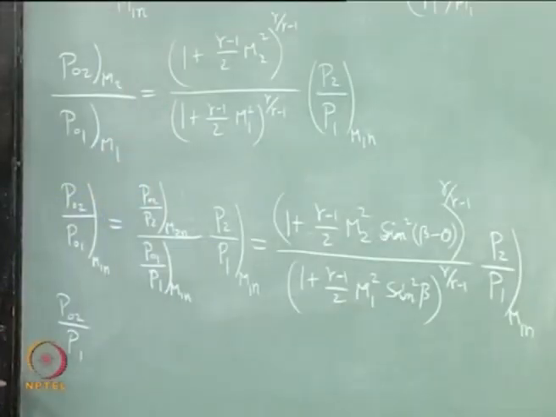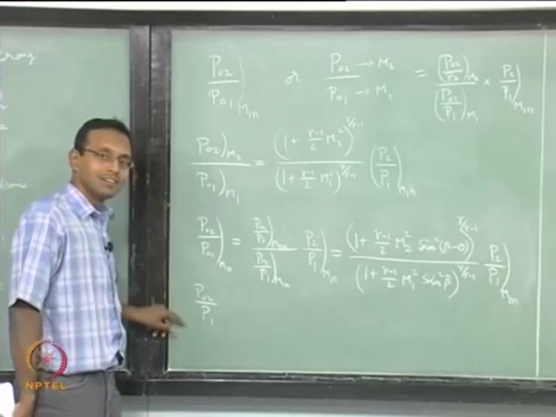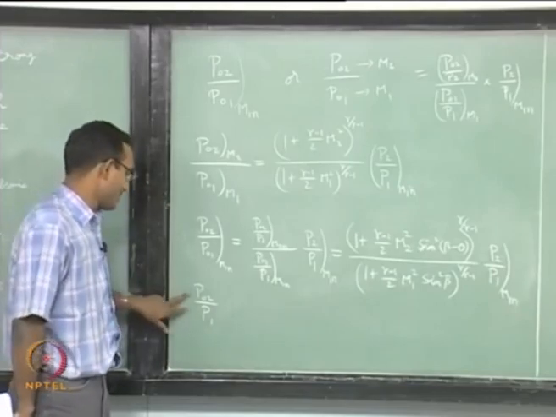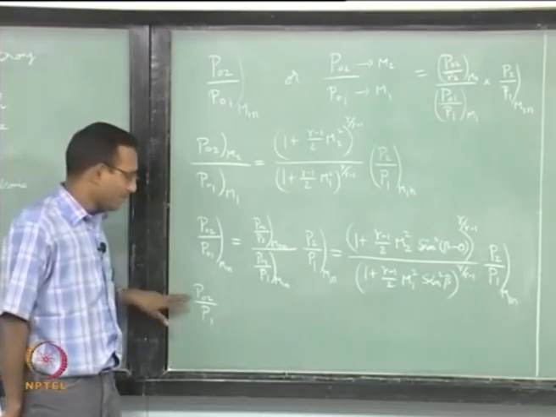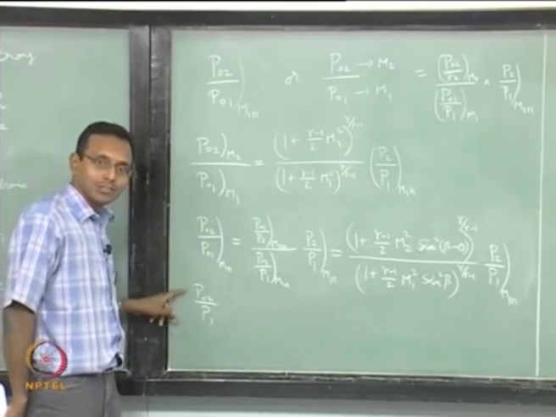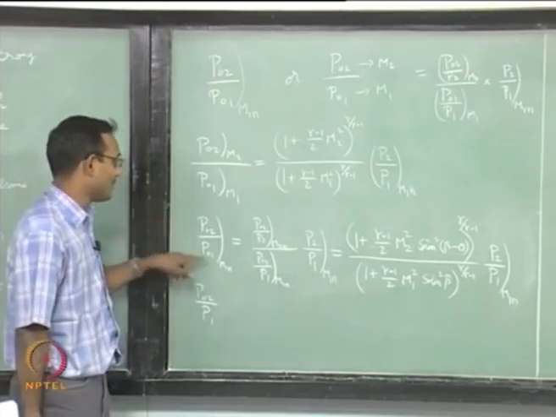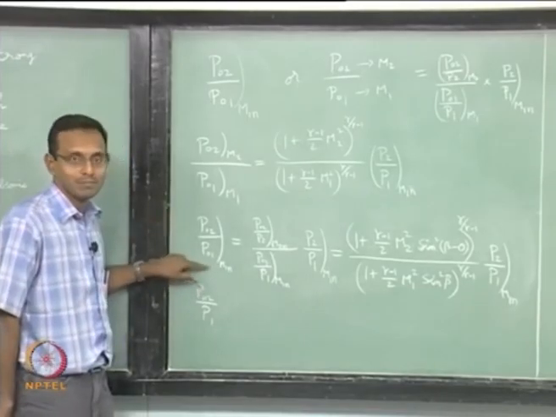In my calculations we used P naught 2 by P 1 for normal shock examples, we did this already. I told you I have an extra column in my gas tables, I used this, and we did it without that also, we did it two ways. So I could do that, but in oblique shocks do not use this ever, unless you want to calculate it only by the normal method, the M1 normal method.